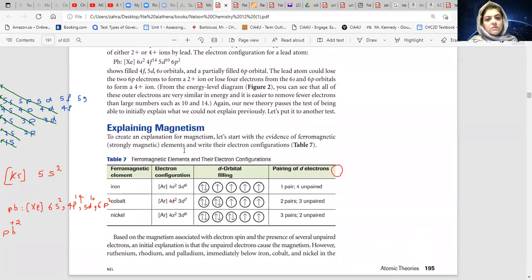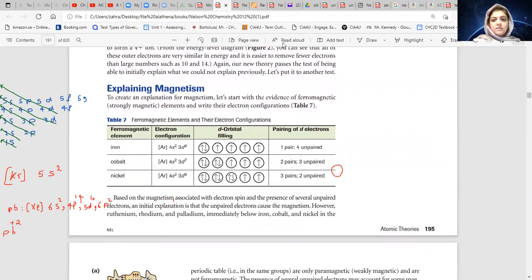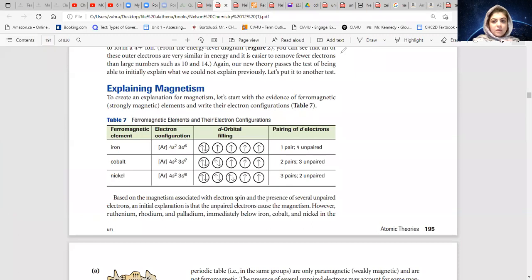Okay, so here is explaining magnetism. We'll do it now. Just erase that. As you see, iron in a magnetic field will be magnetized, right?